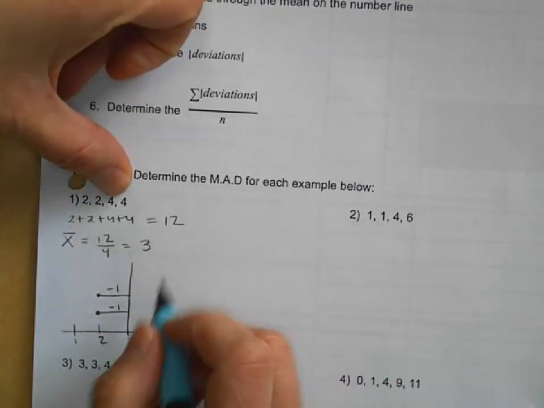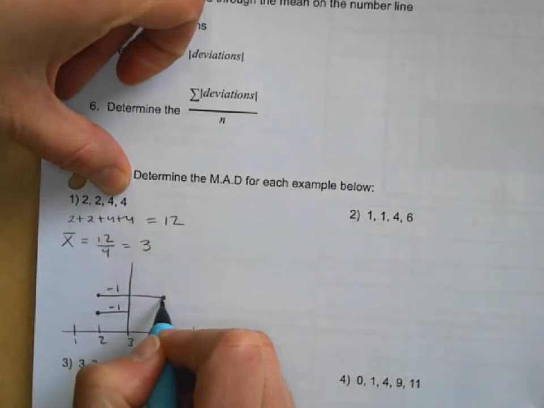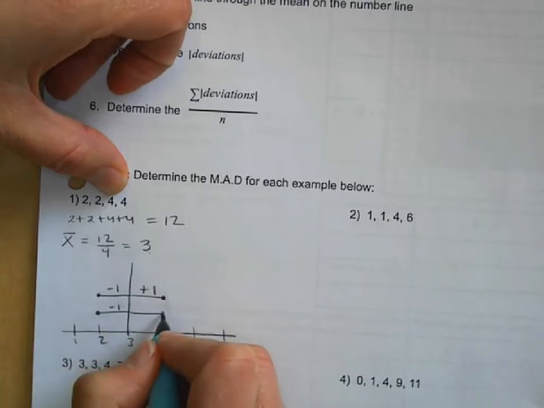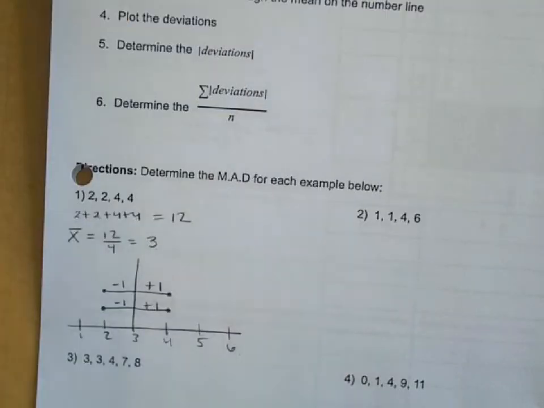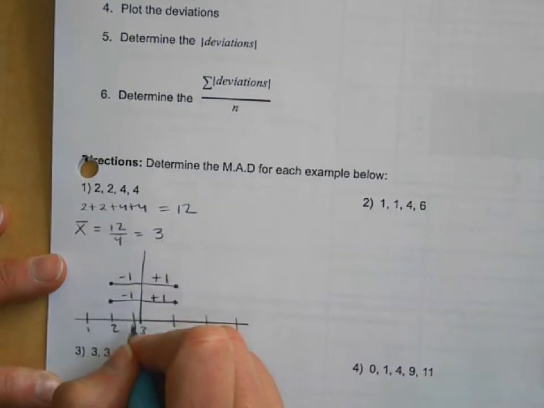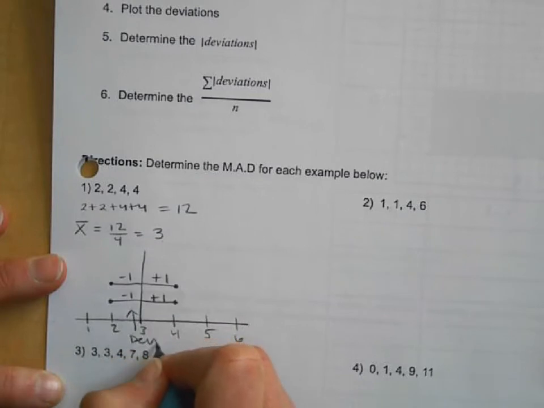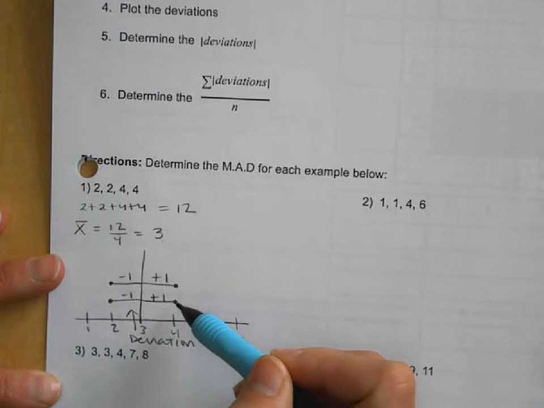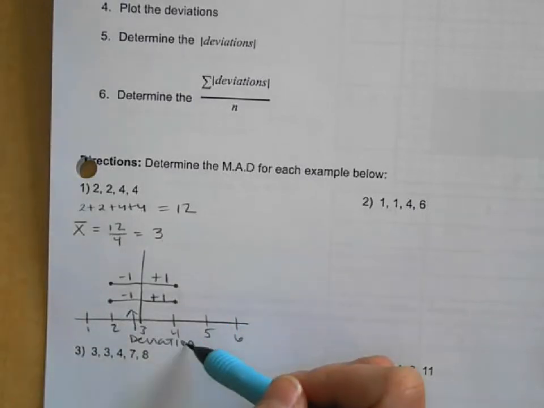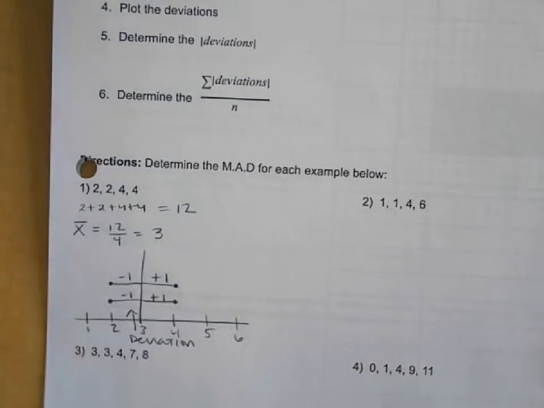Then we go to our third data point, and we're +1 from the mean. And then our next one, our fourth point, we are +1. So we are trying to even out. These are what we call the deviations. So we are deviating from the mean by -1, and we are deviating from the mean by +1. This is our deviations from the mean.